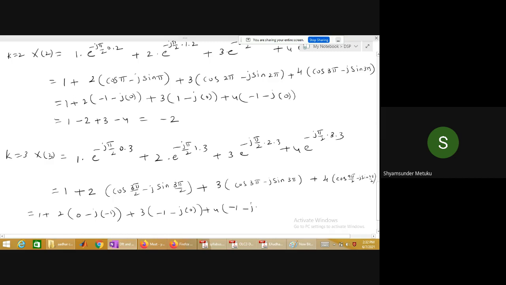I think it is not 0, verify cos 9 pi by 2; I have a doubt in these two. Cos 9 pi by 2 is 0. Verify. Yes, sir. Okay, what about the second one, sin 9 pi by 2?